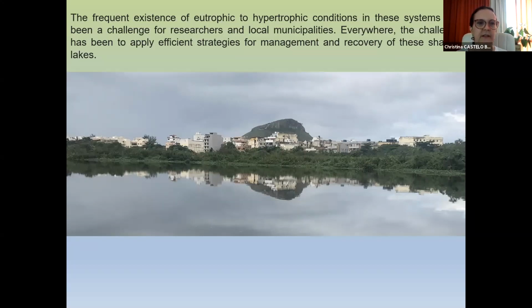Everywhere, the challenge has been to apply efficient strategies for management and recovery of these shallow lakes. This is another shallow lake in Rio de Janeiro city, near residential areas and very highly eutrophic.